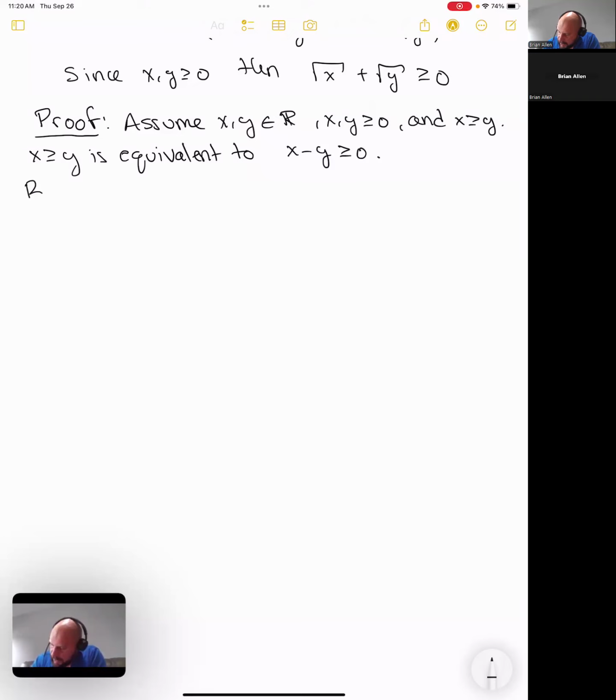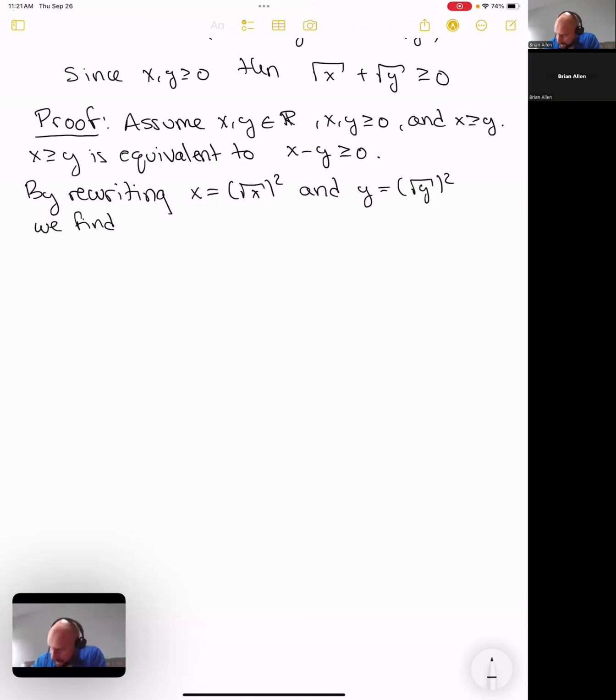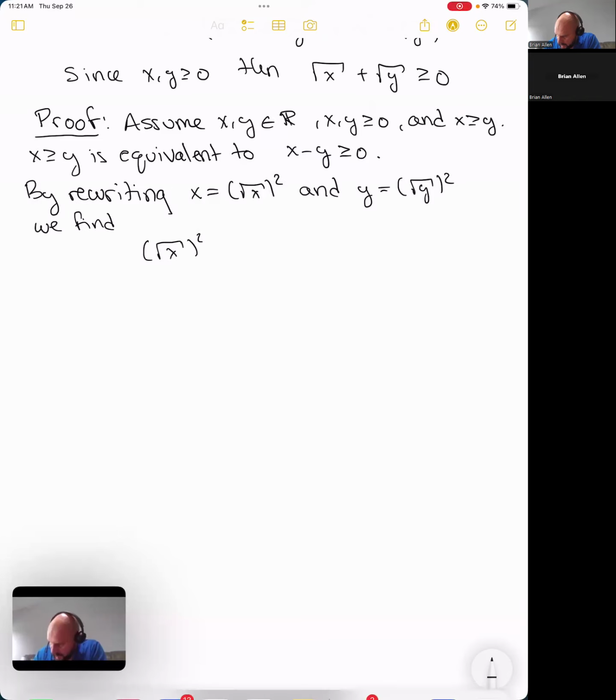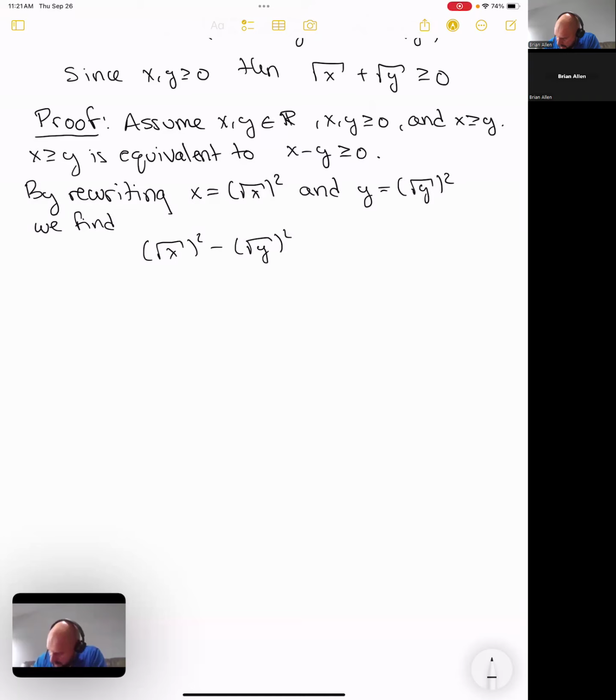Okay, now by rewriting x as the square root of x squared and y as the square root of y squared, we find that square root of x squared minus the square root of y squared is bigger than 0.